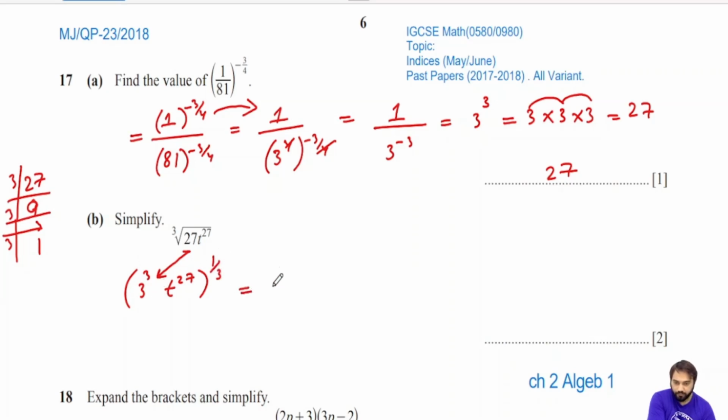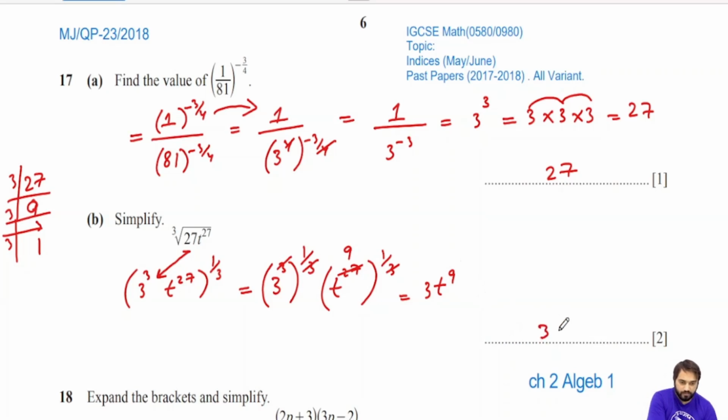After that, take the power of every term inside the bracket: 3 raised to power 3 whole power 1 over 3, and t raised to power 27 whole power 1 over 3. We can cancel them, the rest is 3, and 3 how many times 27? Of course 3 9 times, so t raised to power 9. The answer is 3 t raised to power 9.